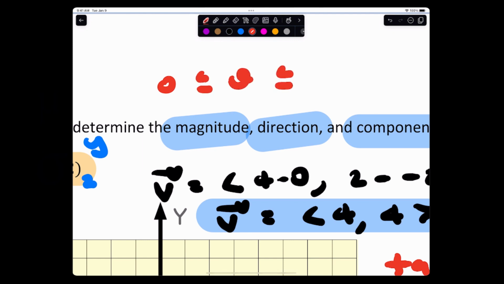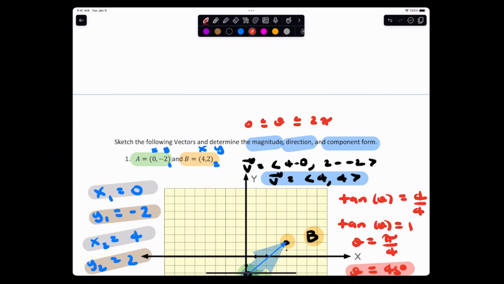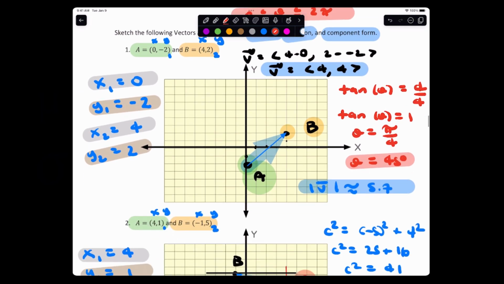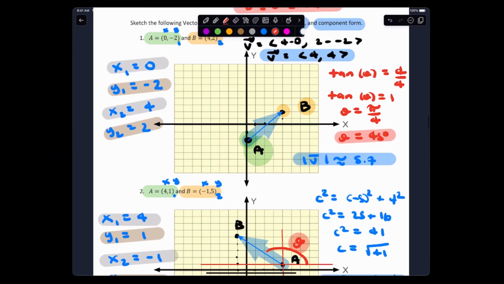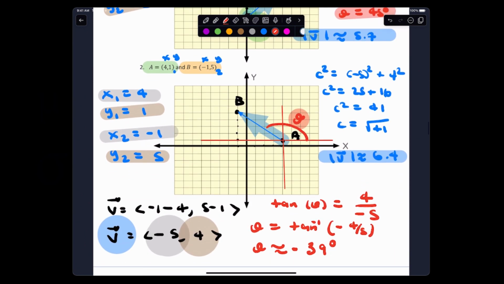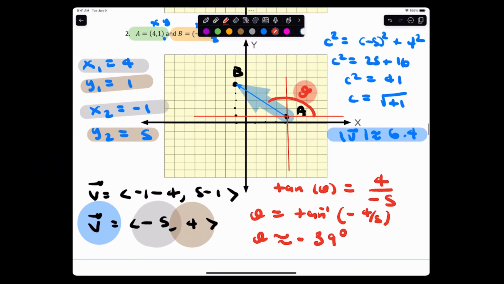Negative 39 degrees. When you give the direction, your angle needs to be between 0 and what? 2 pi. Okay? Your angle has to be between 0 and 2 pi here. So in this case, 45 degrees was fine in the first example. But in the second example, your calculator is lying to you. Why is the calculator lying?